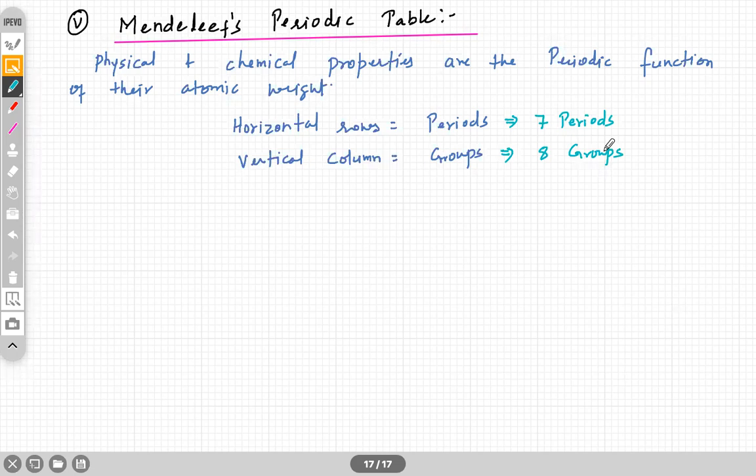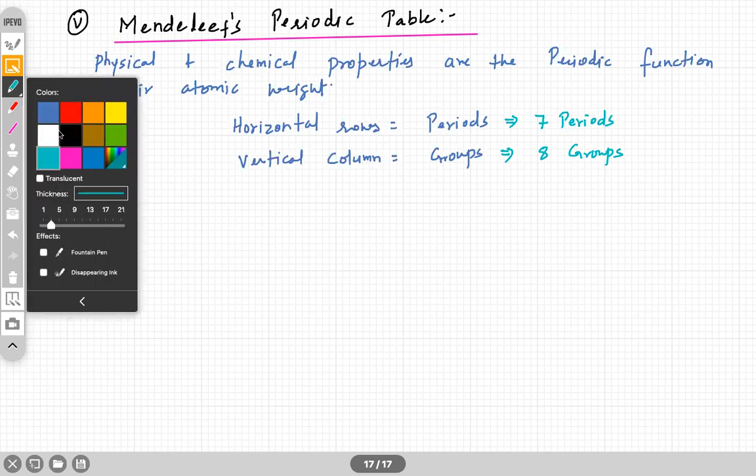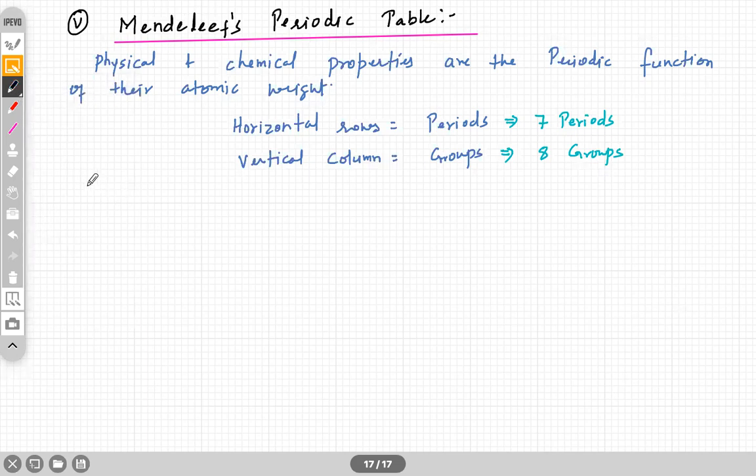Okay, next write down. Lothar was correct. Yeah, it is not wrong. It gives us an idea that the properties have some periodic order with the elements, but not completely correct because of atomic weight he was taking.